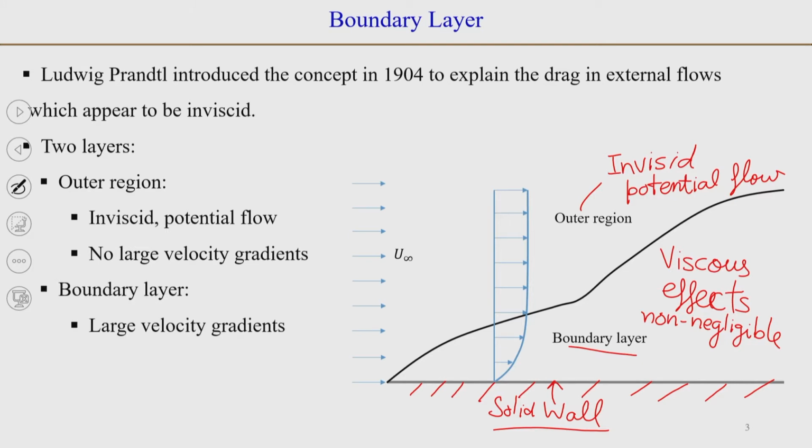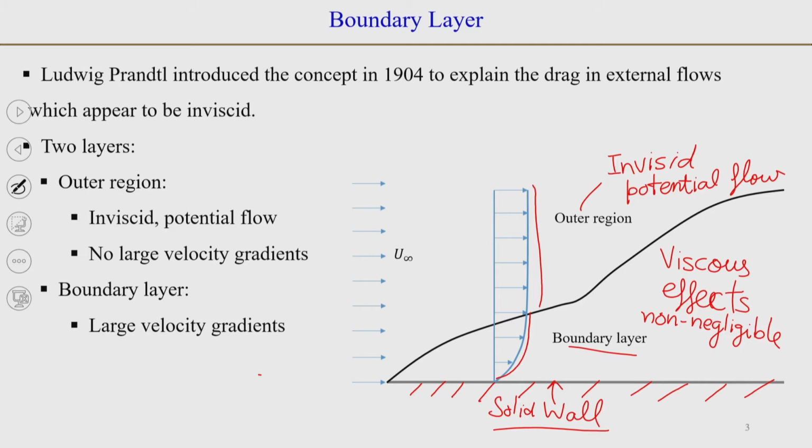If you have a uniform flow approaching a solid plate and you consider only inviscid flow, then the flow will be uniform like this. But when we consider a viscous layer near the wall, there are gradients present.